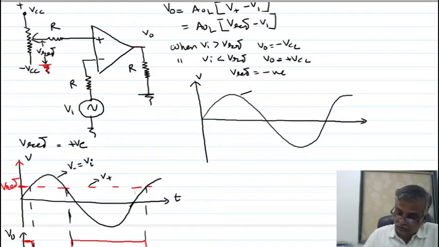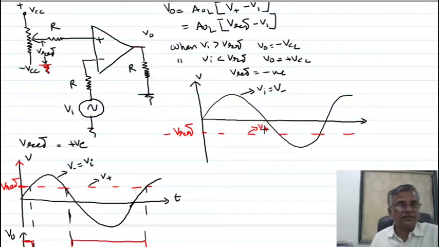This is your voltage axis. Now I am giving a negative reference voltage. This is a minus V reference. I am giving it at the non-inverting terminal.